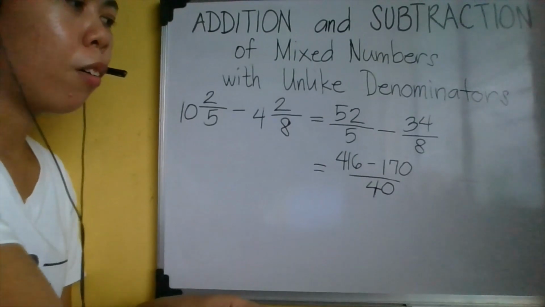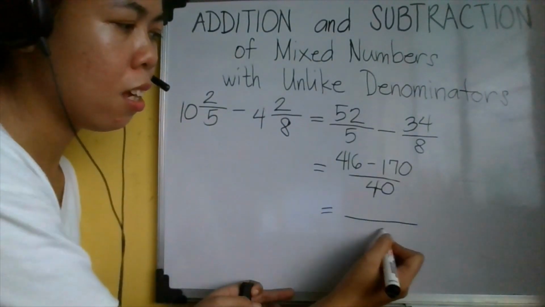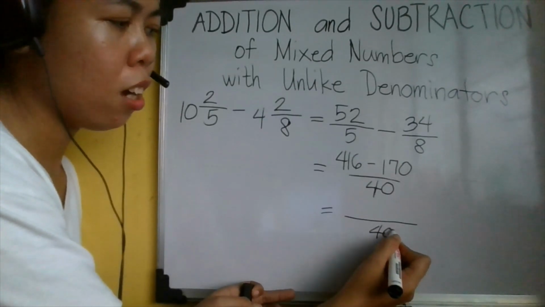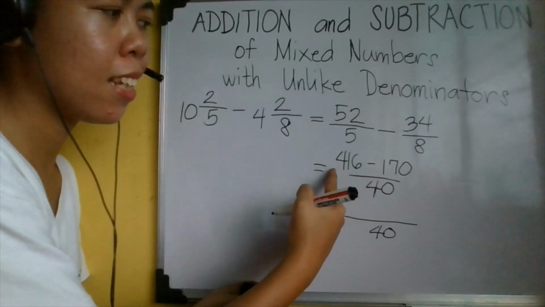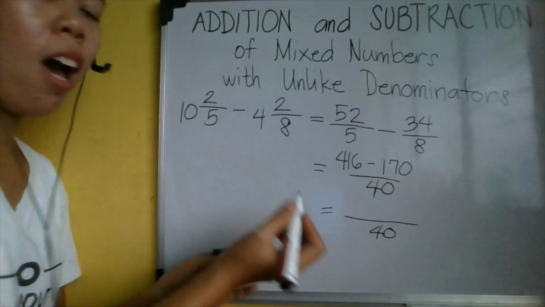Okay, then copy the LCD, then subtract the numerators, 416 minus 170. We have 246.